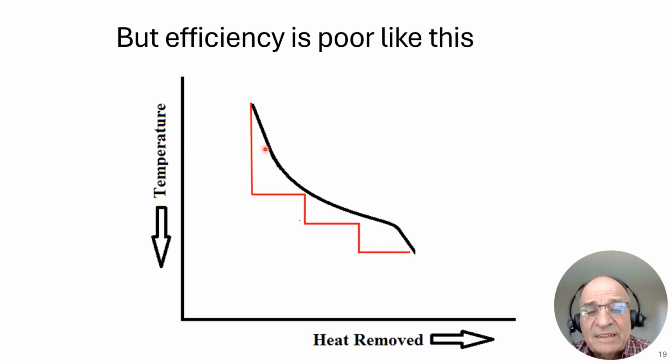All of the space in here represents inefficiency, because I could have made a step here, another step here, another step here, multi-stage refrigeration systems. With an infinite number of multi-stage refrigeration systems, I'd have a super efficient process, but I couldn't afford to build it.